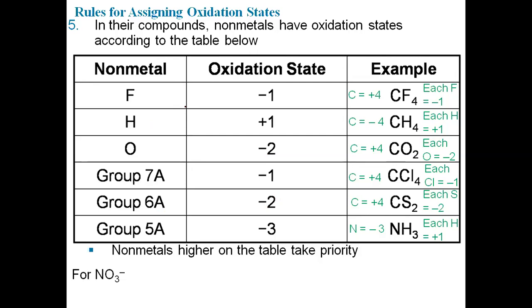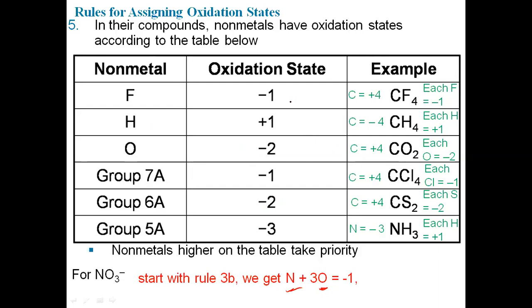So again, we see this nitrate, and we set up this equation, and we don't know what N is, we don't know what O is, so you don't have an answer for either of them. So you go to rule 4. Rule 4 tells you nothing about either of them. Then you come to this table, rule 5.